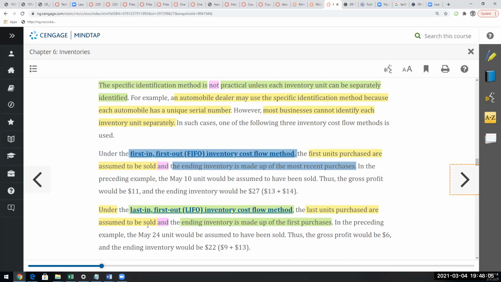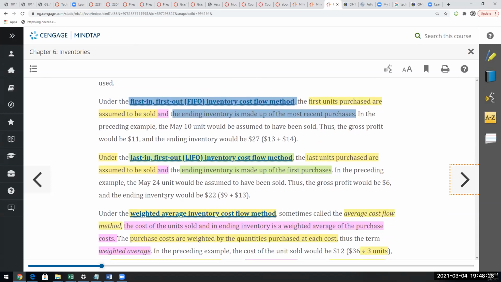But for your costing on your balance sheet, you can assume you're going to use last in, first out. There are benefits and negatives to using either one of those. So basically, the last units are sold, and the inventory is made up of the earlier stuff, the old stuff.